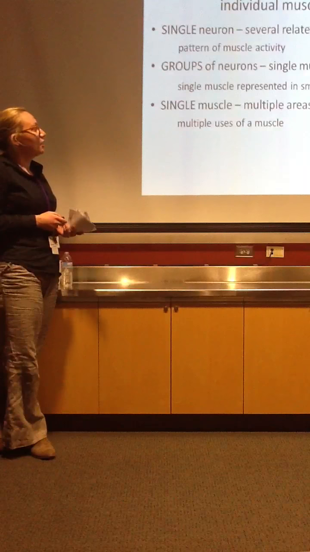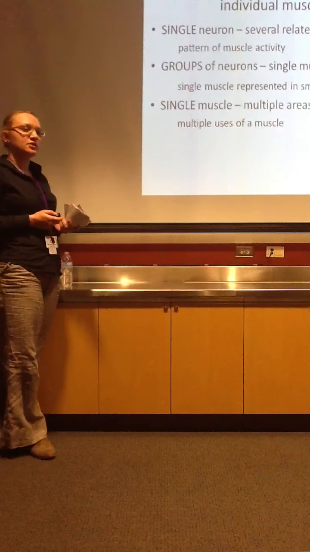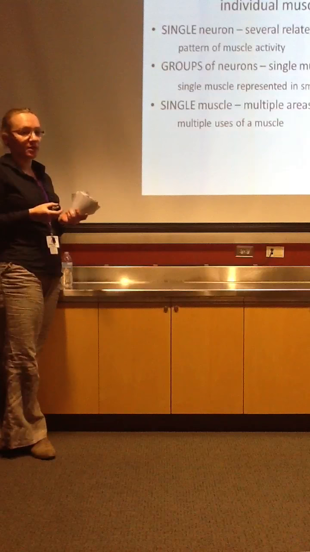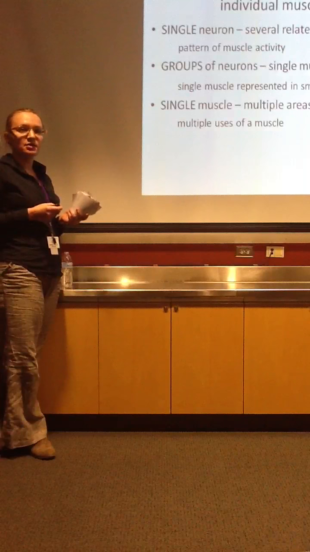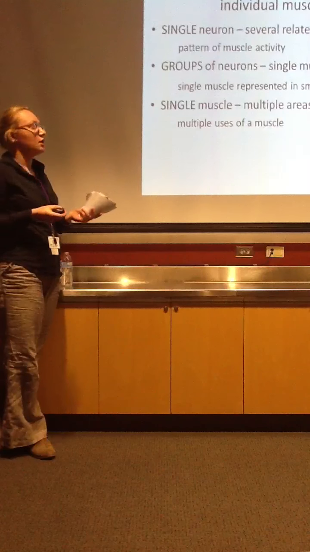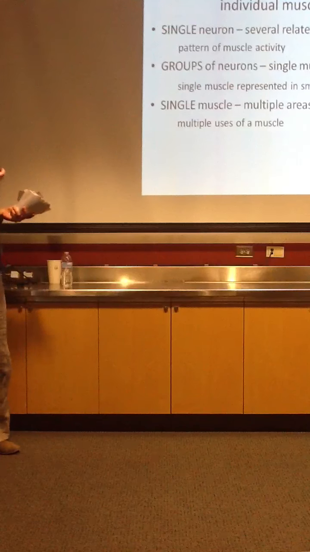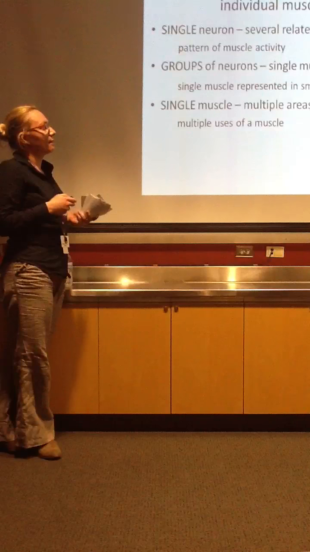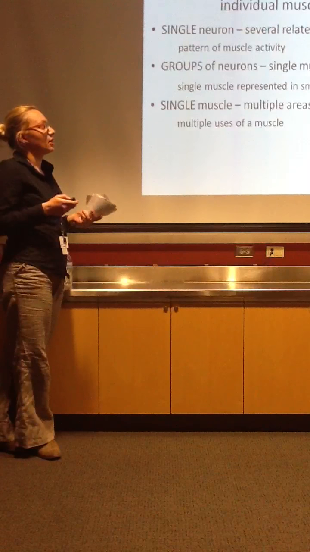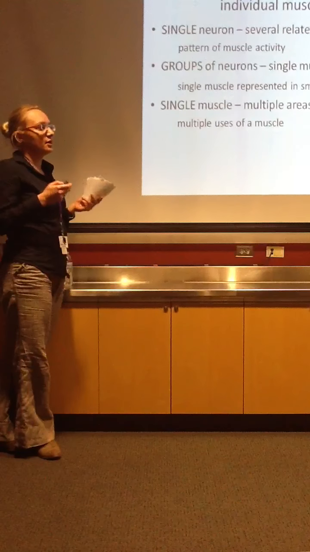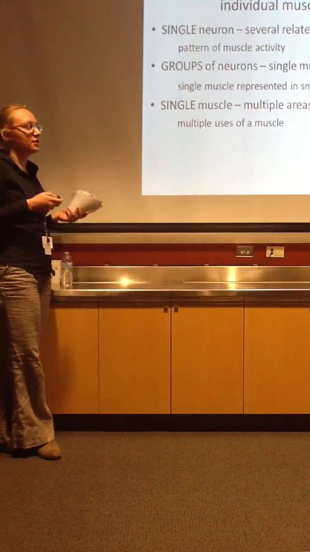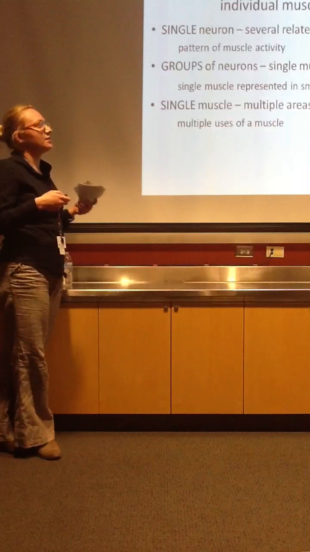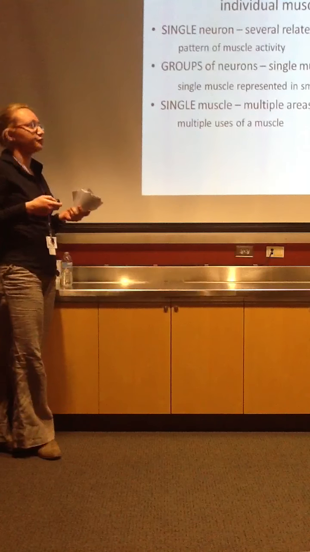One very important question to ask is whether one controls movements or individual muscles, and the answer to that is it's both. So there are single output neurons in motor cortex that control several related muscles, and that might reflect the possibility that a single neuron may be involved in the generating of a pattern of muscle activity.